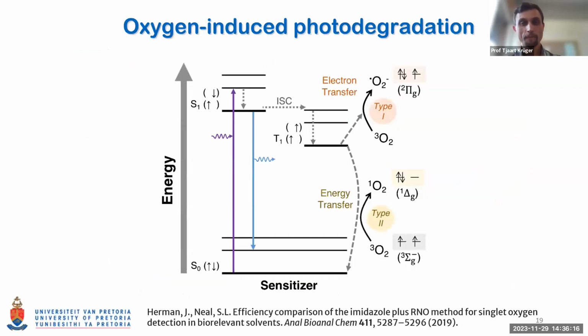Right, so let's consider this simplified Jablonski diagram, where we start off with an excitation which promotes an electron from the ground state to the first or second excited state, in this case, the first electronically excited state. Then there are a lot of competing processes. There are radiative processes, so we have fluorescence in this case.